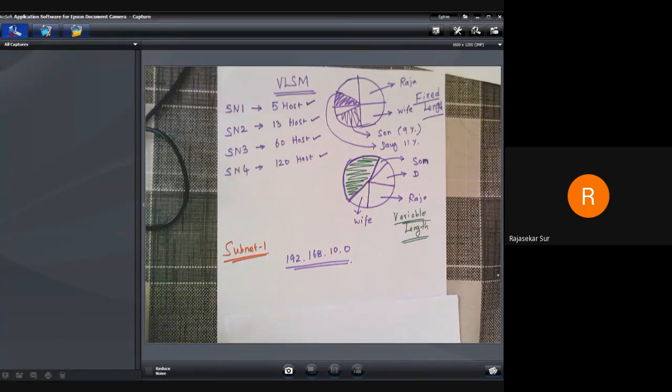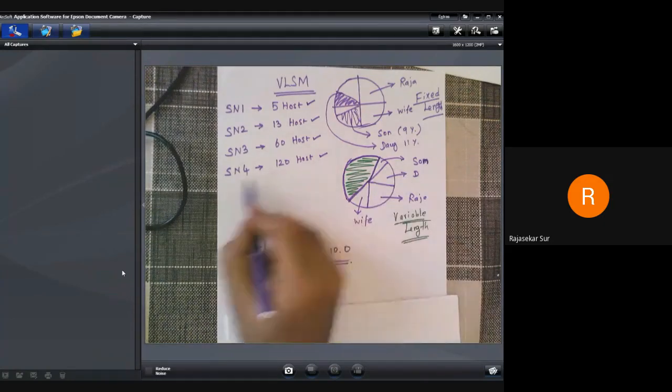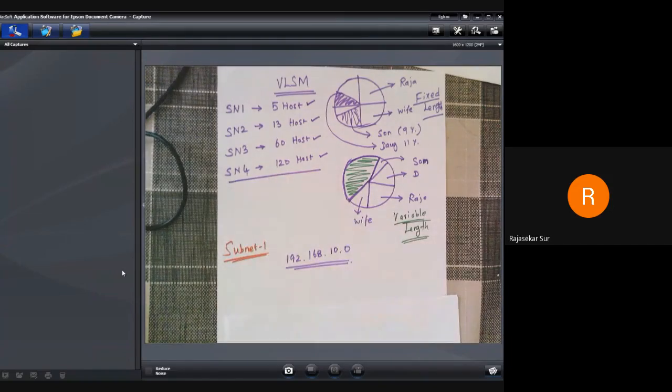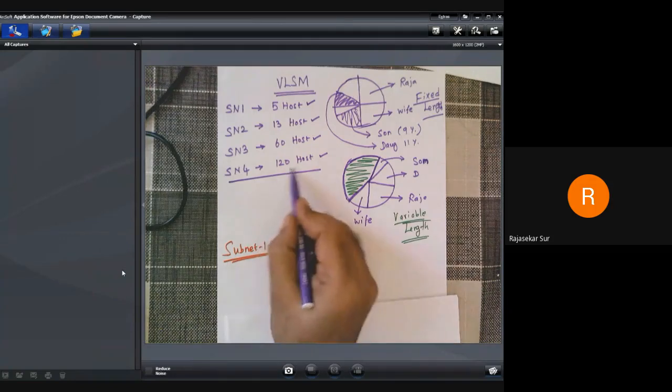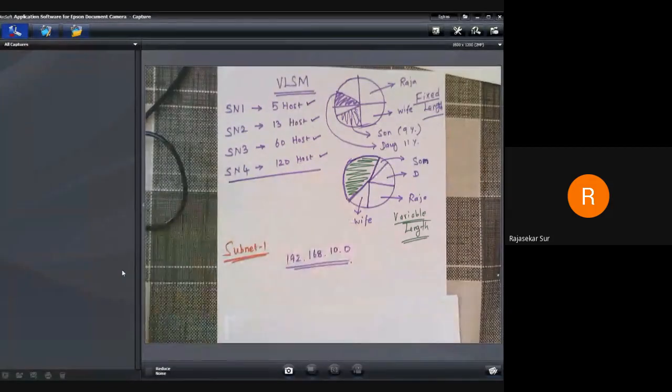Who is the biggest? Who is asking for more pizza? 120 is asking for more, so you have to give to that one first. This is the rule, please keep it in your mind. The rule says the one demanding the maximum number of hosts gets served first.